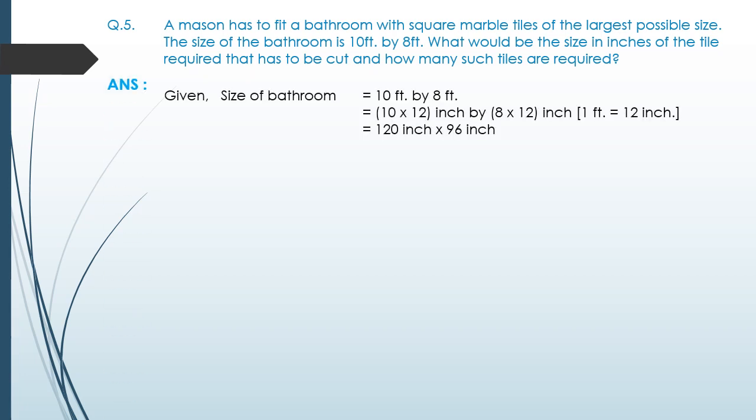See, we have been given the size of the bathroom, 10 feet by 8 feet, that is length into breadth. Now let us convert this unit feet into inches. We know that 1 foot is nothing but 12 inches. So we are multiplying both the numbers by 12 to convert them into inches, because the answer expected from us is in inches.